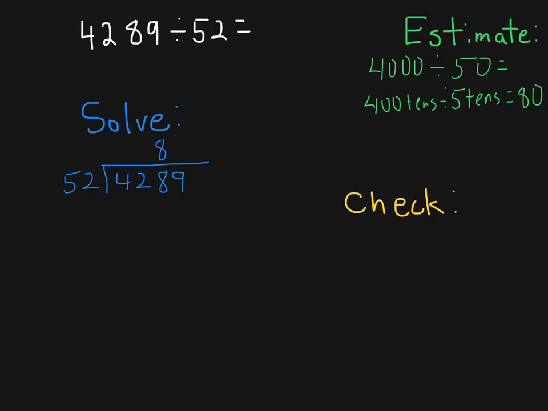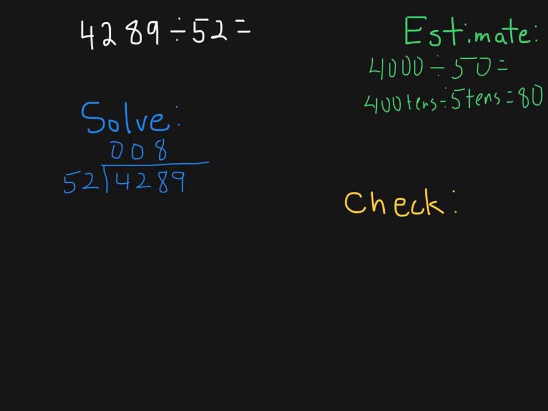But another way to think about this is, will 52 go into 4? No, it won't. Will 52 go into 42? No, it won't. Will 52 go into 428? Yes, it will. So I know that my first digit of my quotient will be over that 8 in the tens place.